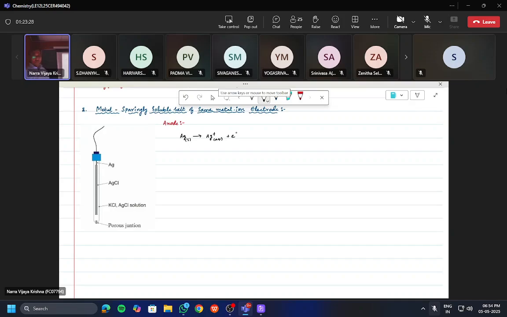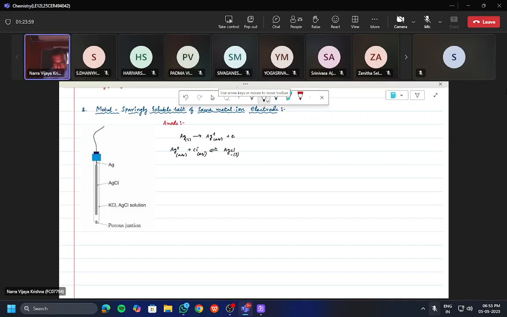Now, this obtained Ag plus immediately combines with Cl minus. Reason? We have taken KCl solution. So that Ag plus ion immediately reacts with Cl minus ion to form AgCl salt, which is not readily soluble in water. That's why it is a sparingly soluble salt. Clear?